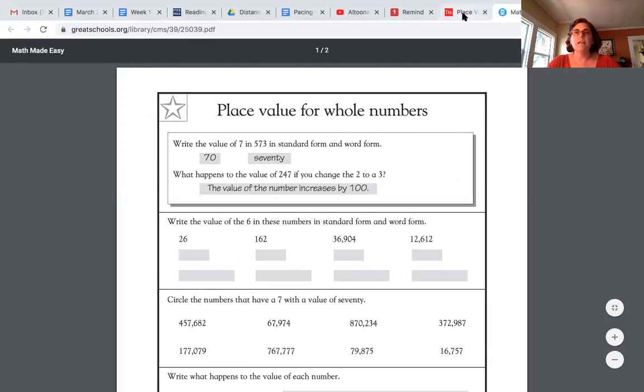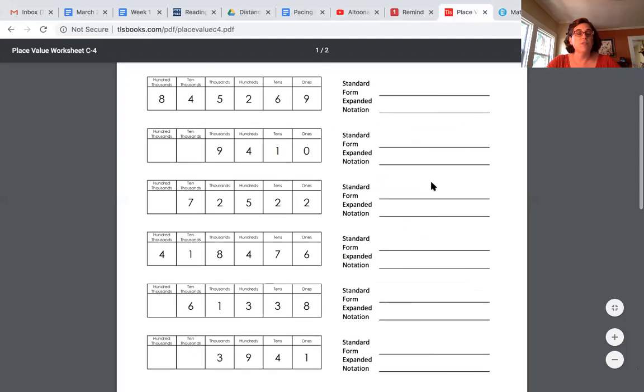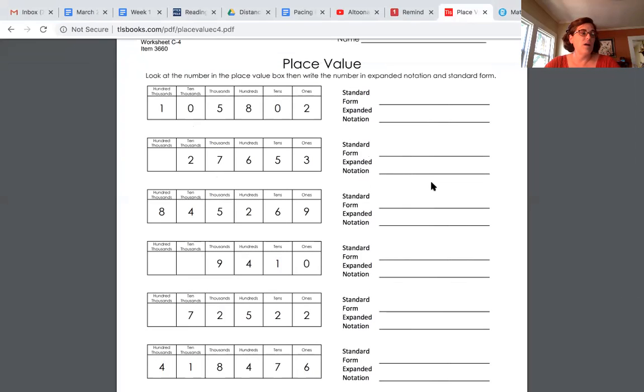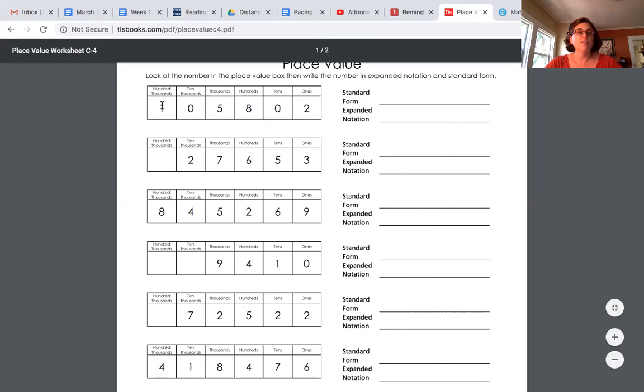It has some greater than or less than. You have to state whether a number is greater than or less than the other number. Now remember, we can use our knowledge of place value to understand which numbers are bigger, and we will always start to the left.